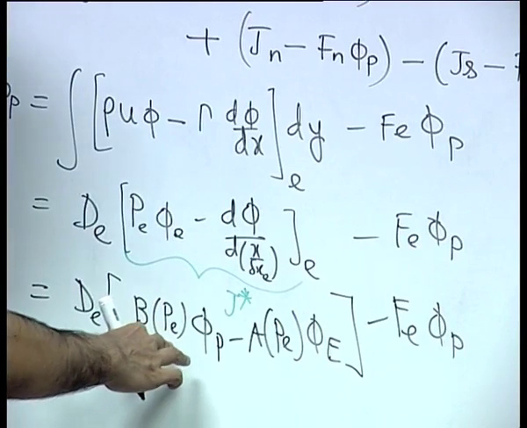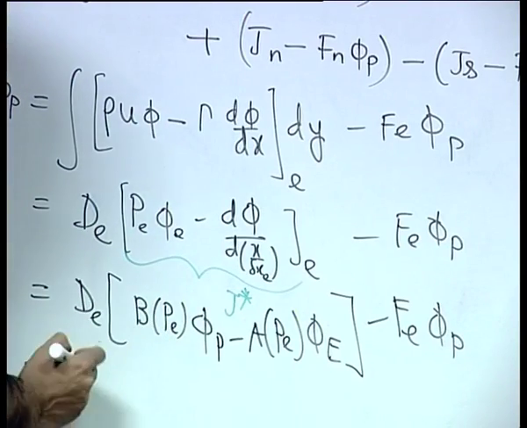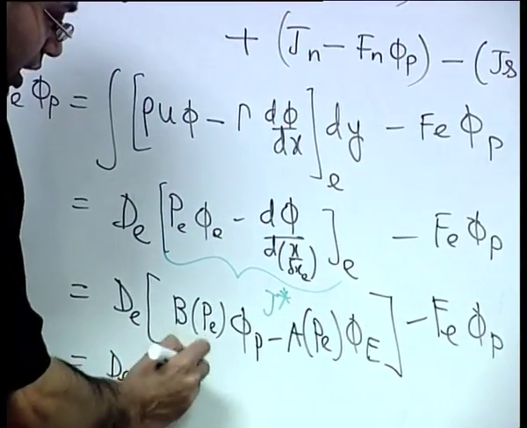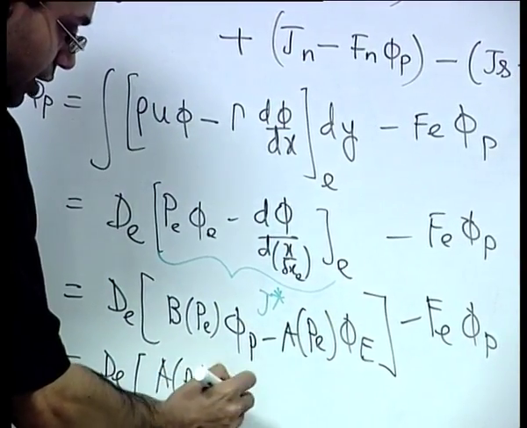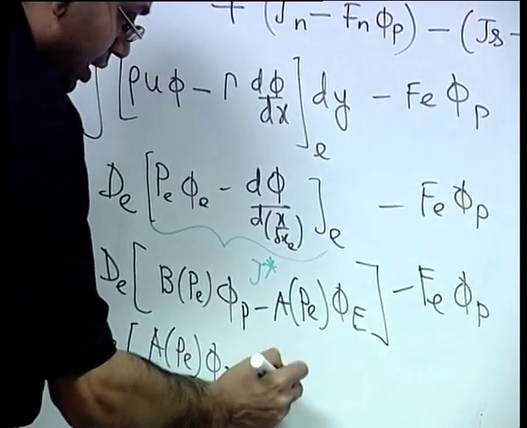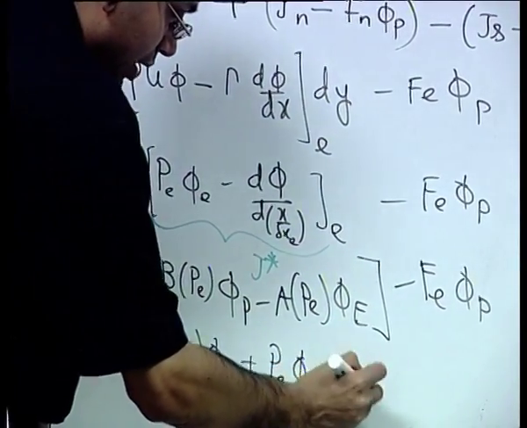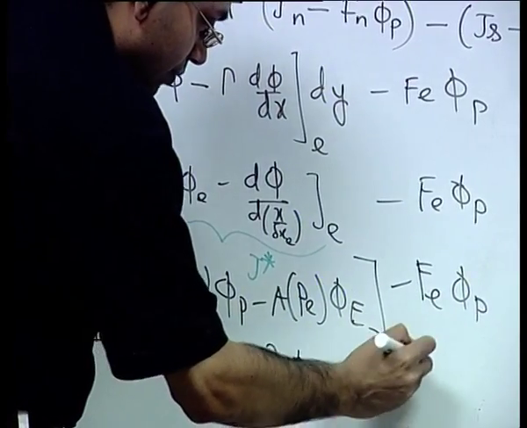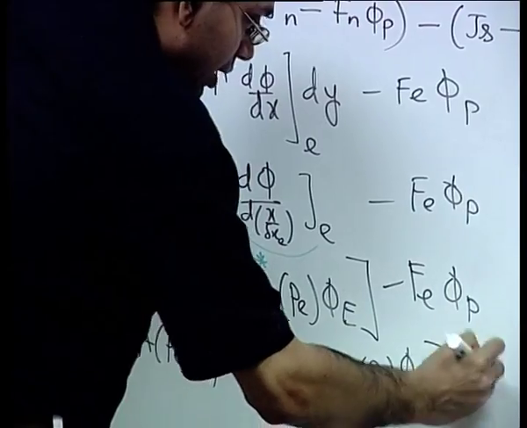You can write B as A plus Peclet number. So dE A of Pe phi P plus Pe phi P minus A of Pe phi E minus Fe phi P.